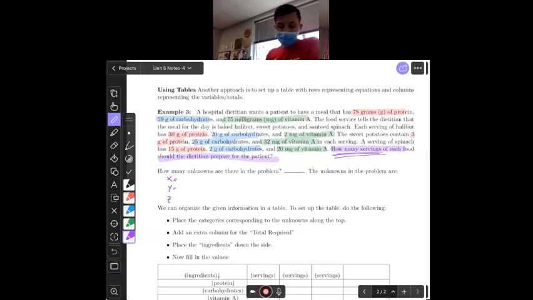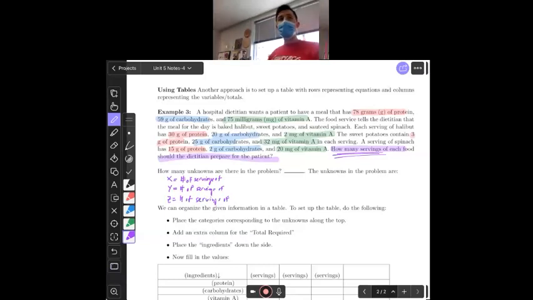I'm going to have so many servings of one thing, so many servings of the next thing, and so many servings of the third thing. Again, I get to pick which letters I use and what order I write them in, but they have to all represent a number of servings, because that's what the question wants you to find.